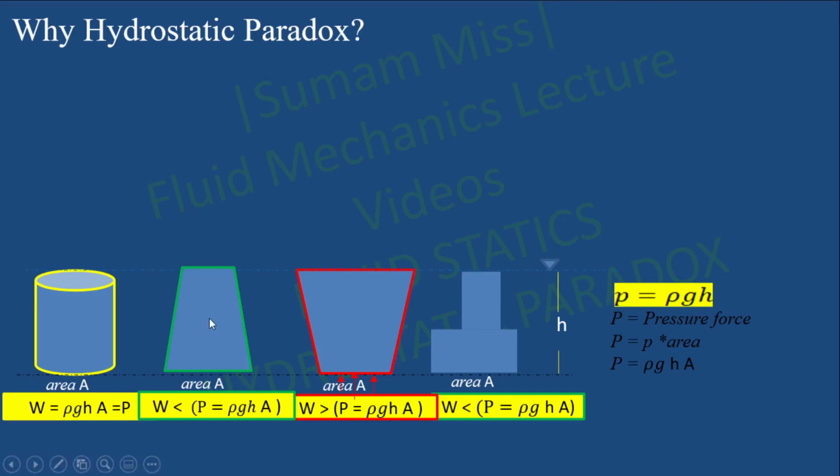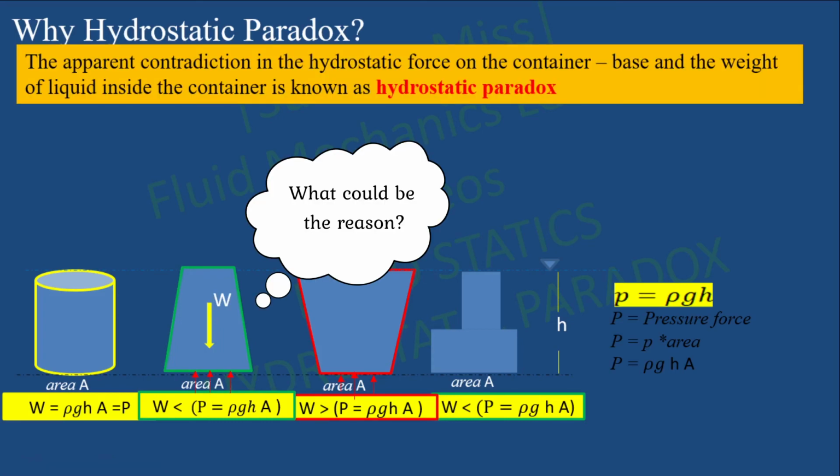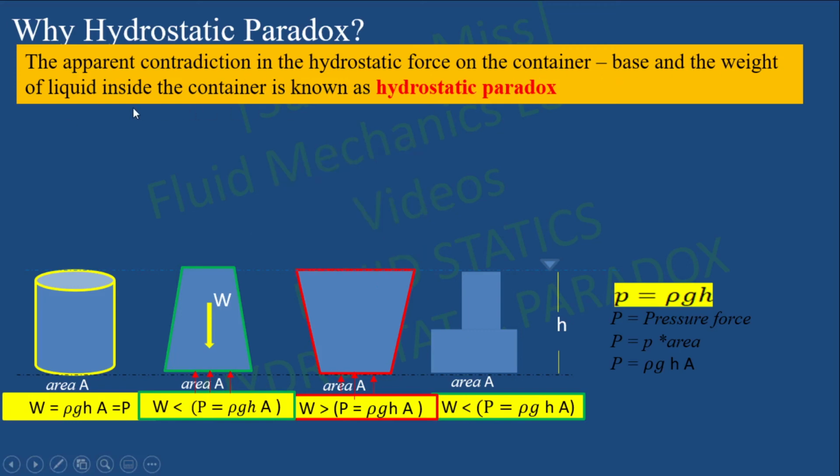Here the vertical forces are the weight of the liquid acting downward, whereas the pressure force is acting upward. But they are not matching. So the apparent contradiction between the hydrostatic force on the container base and the weight of the liquid inside the container is known as hydrostatic paradox.